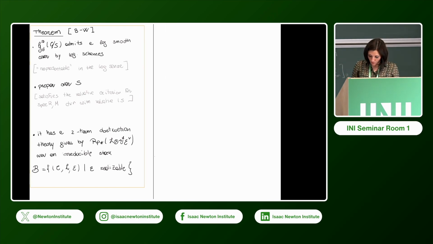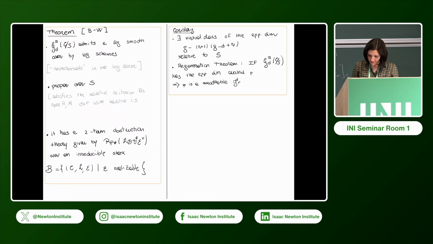In particular, what this means is that it has a virtual class of the expected dimension relative to the base, and we get essentially for free a smoothing theorem. Which means that if we have a point in this moduli space that has the expected relative dimension at that point, it is actually smoothable. It actually lies in the closure of linear series on smooth curves.